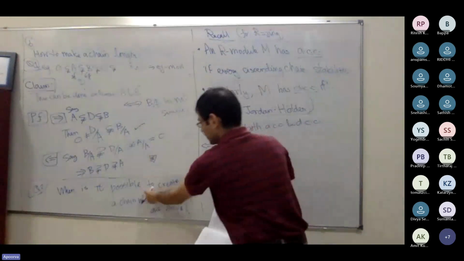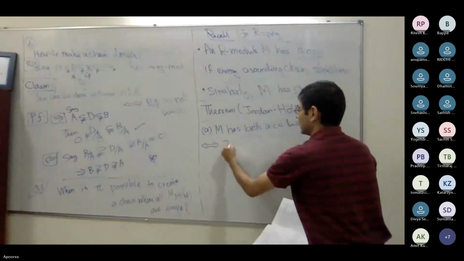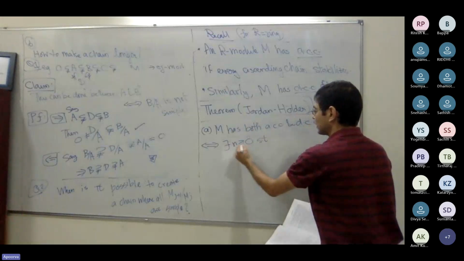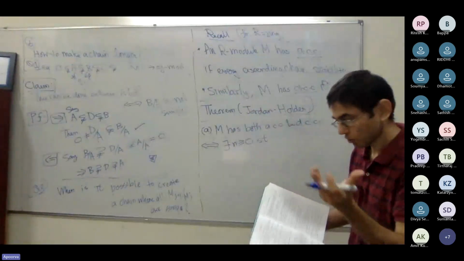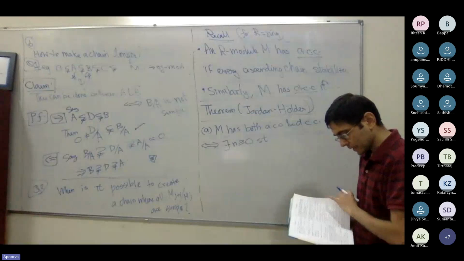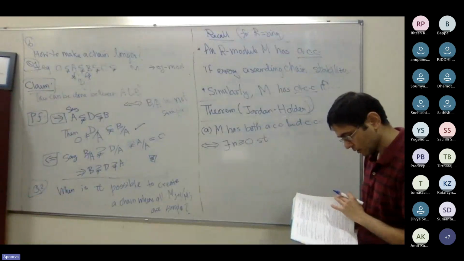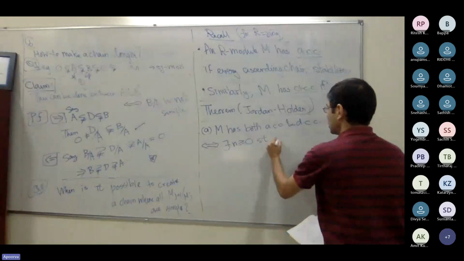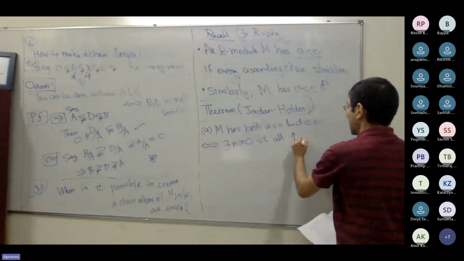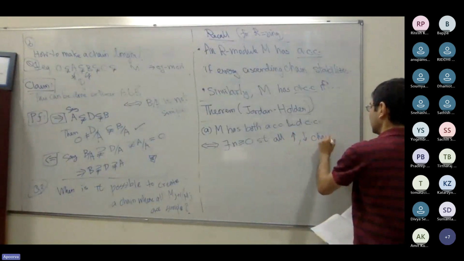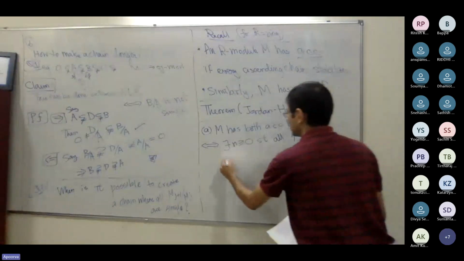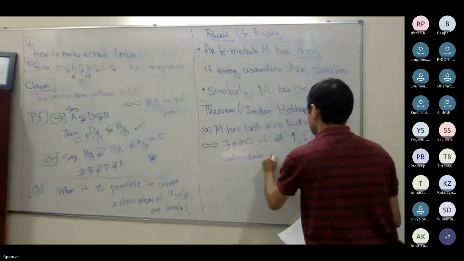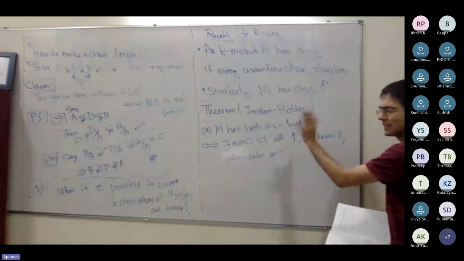there is such a bound. There exists n greater than or equal to 0, such that I can take n equal to 0. If M is the zero module, then it has ascending and descending chain condition of length 0. The bound is on the lengths of chains of submodules of M. I don't even need to say ascending or descending.